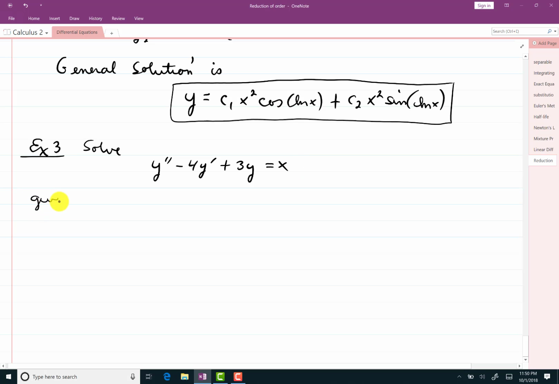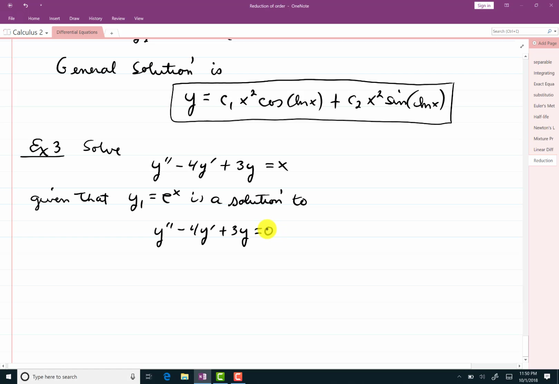Given that y1 equals e to the x is a solution to y double prime minus 4y prime plus 3y equals 0.